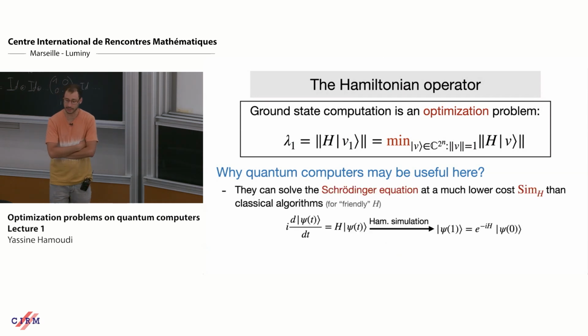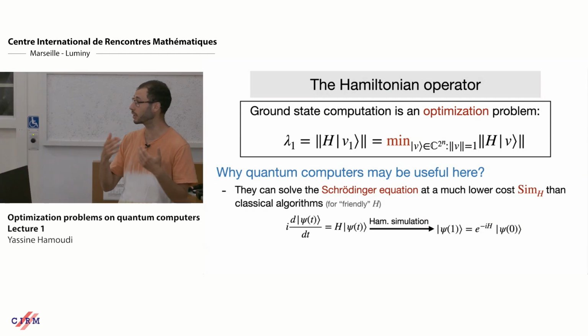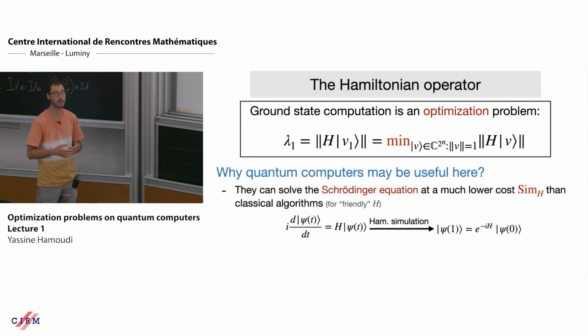There is one task for which quantum computers are very good, which is called Hamiltonian simulation. Essentially, it is about solving the Schrödinger equation. If you have a Hamiltonian H, and you want to know how the state of your system is evolving in time according to H, then the evolution is dictated by the Schrödinger equation, which is very hard to solve on a classical computer.